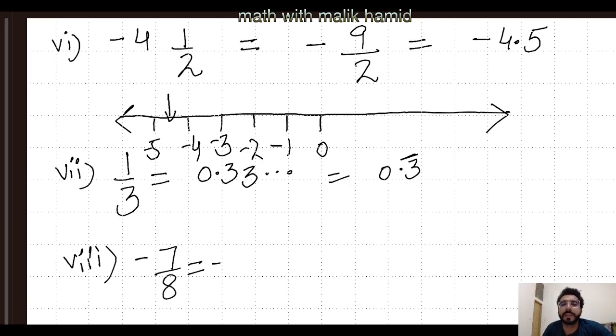When we divide 7 by 8, what answer will we get? Simply you will get the answer about minus 0.875. Yes.